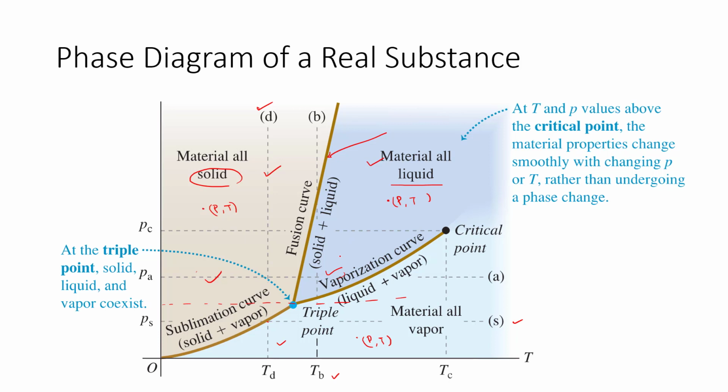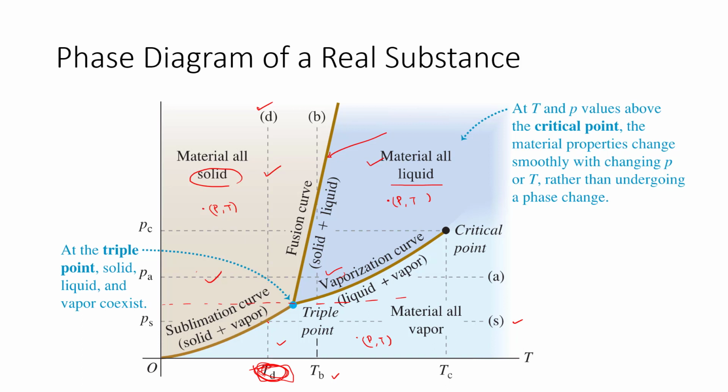And if we look at line D, line D is again a constant temperature line. If we compress the substance at lower temperature, so this line is at lower temperature than line B, we are compressing the substance by increasing the pressure.